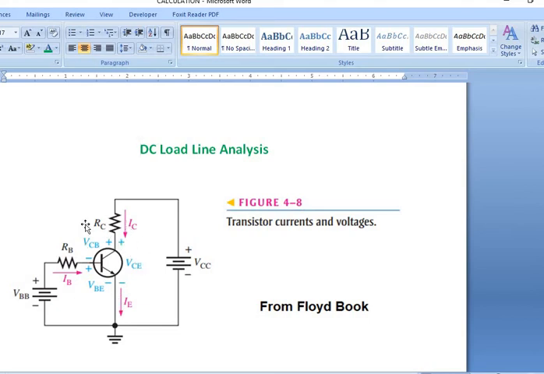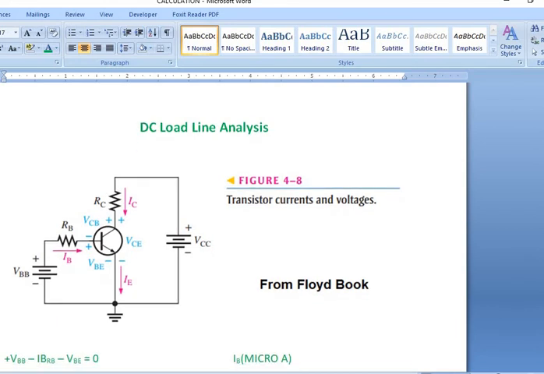So these are some parameters written over here. Again, considering the analysis, remember, we have some input part and some output part. Looking at this figure, we can draw different equations.